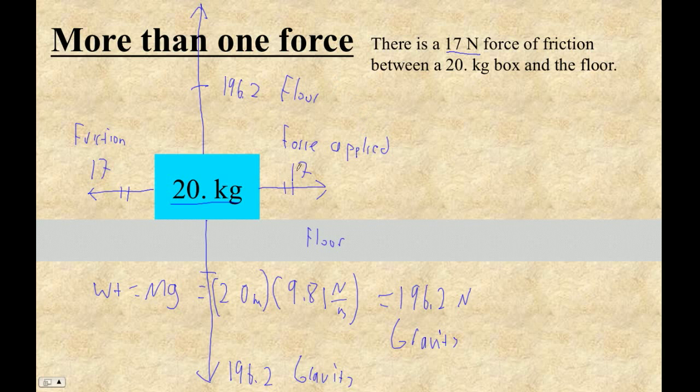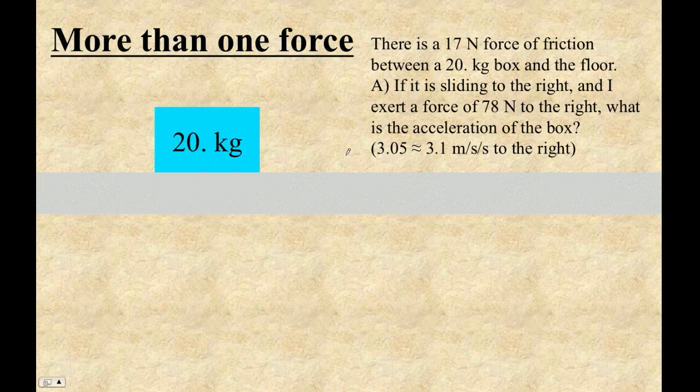Now if the force is less than 17 newtons, it's going to decelerate, and if it's more, say it's sliding to the right, let's assume it's moving to the right, then if the force is more than 17, it's actually going to go faster and faster. So let's look at one of those problems. There's a 17 newton force of friction on this box, and it's sliding to the right, and I exert a force of 78 newtons to the right.